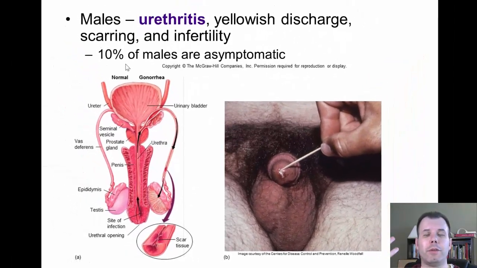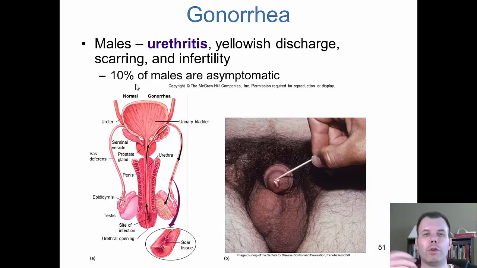There are 10% of males that are asymptomatic, so if you're having issues with having children, this might be one of the reasons why: you had scarring due to an STD that wasn't treated, or was treated but caused scarring in the tissue and you didn't know it, and now the sperm isn't able to make it all the way out the urethra during ejaculation. It's one of the things that can happen.